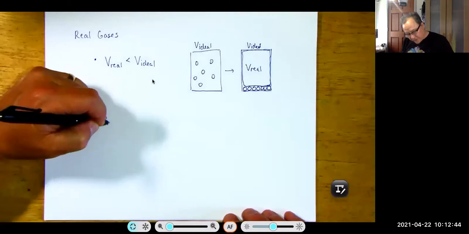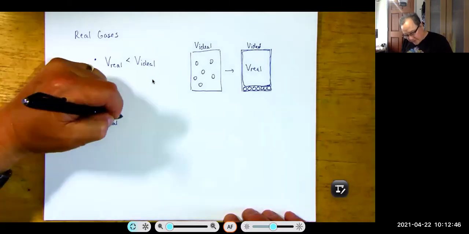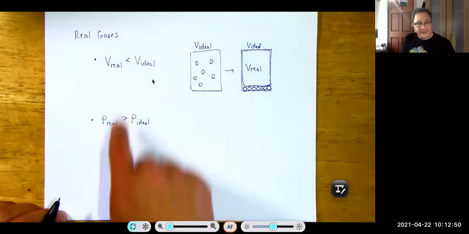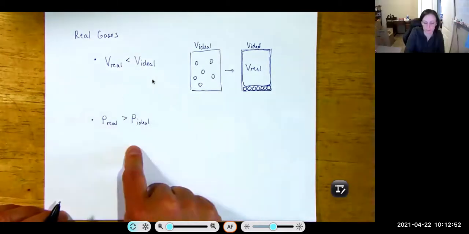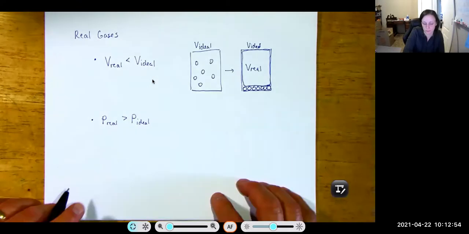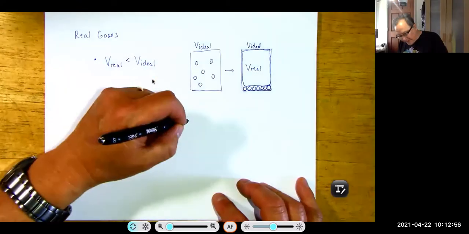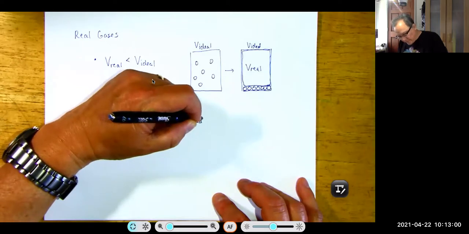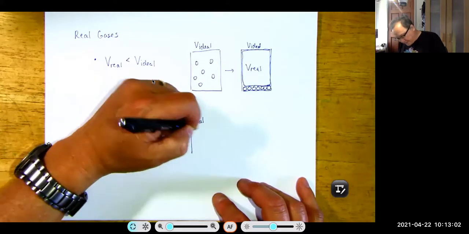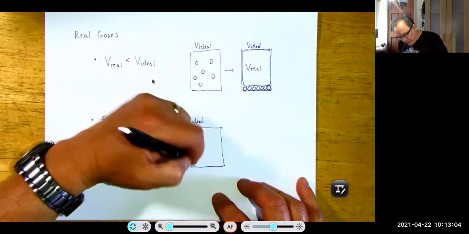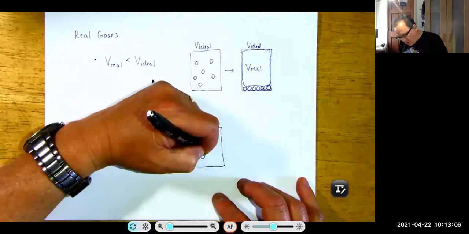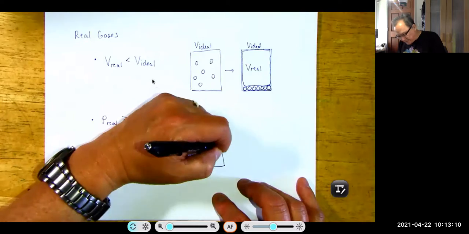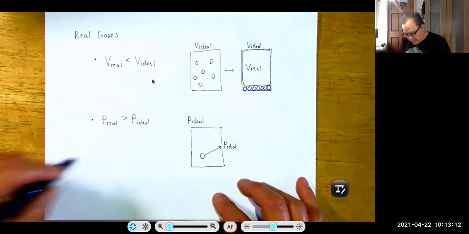The real pressure is actually greater than the ideal pressure. It's the opposite. Do you see that? So if we look at the ideal pressure, this is something that we're measuring, right? The particle hits the wall and we get the ideal pressure. And it bounces off, right?